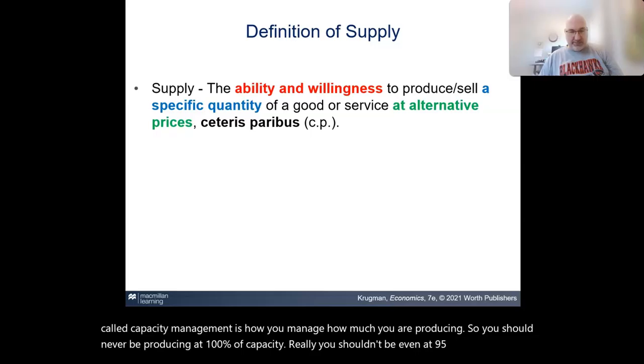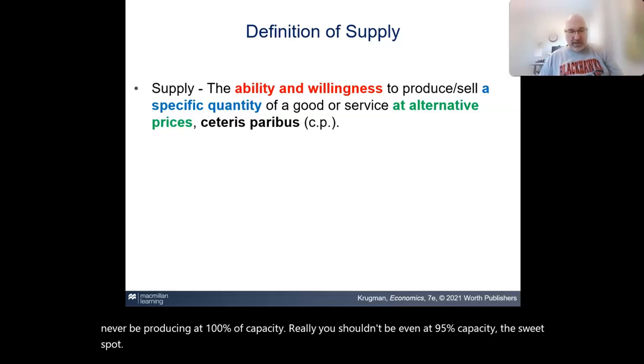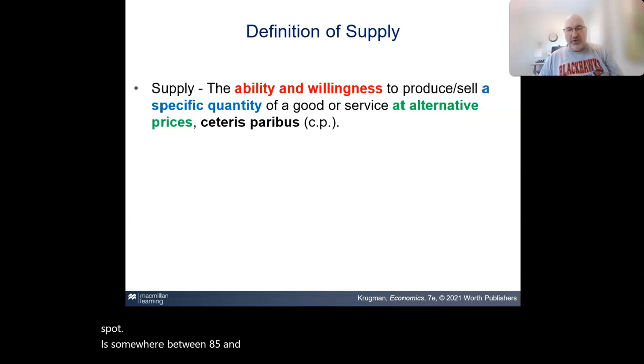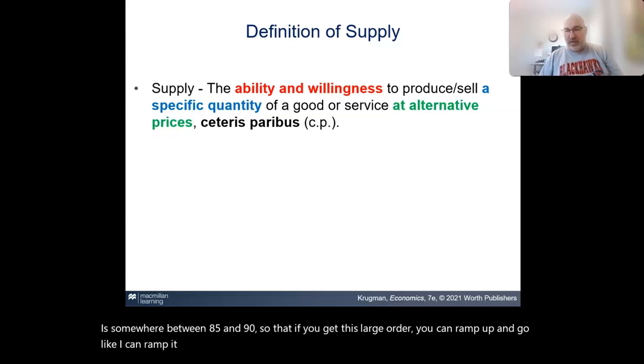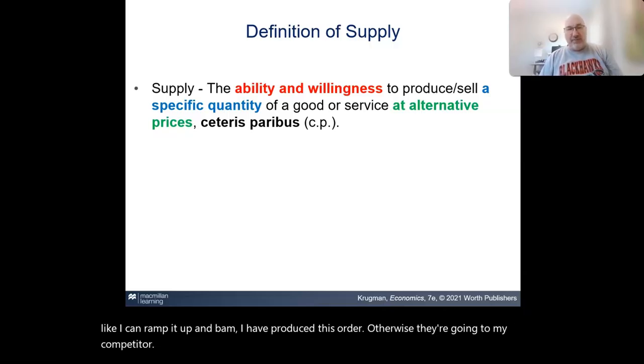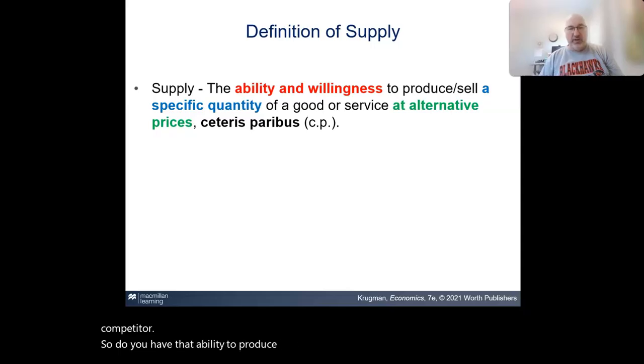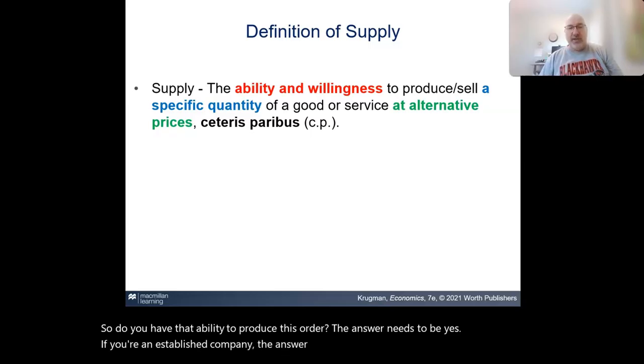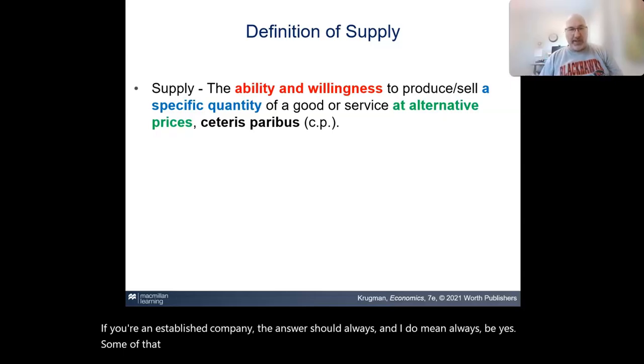The sweet spot is somewhere between 85 and 90, so that if you get this large order, you can ramp up and bam, I have produced this order. Otherwise, they're going to my competitor. So, do you have that ability to produce this order? The answer needs to be yes. If you're an established company, the answer should always, and I do mean always, be yes. Some of that comes to capacity management.